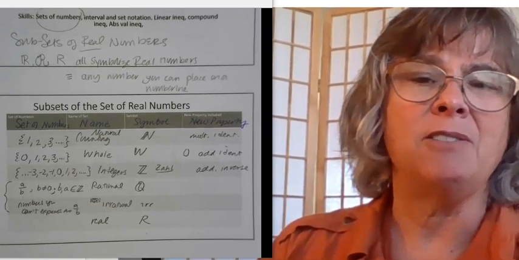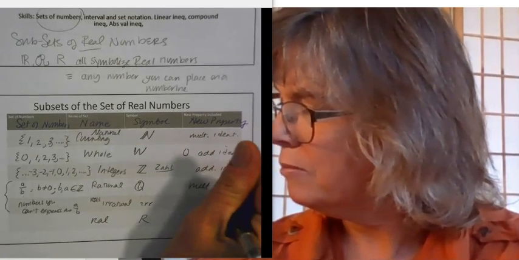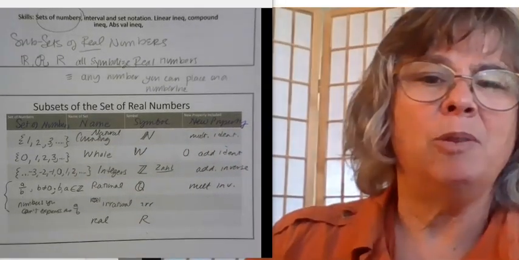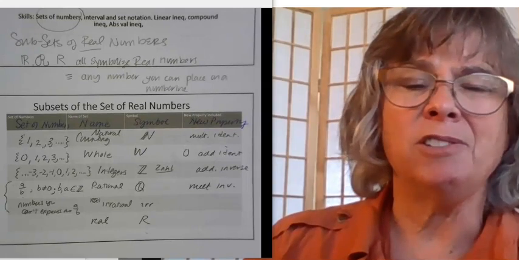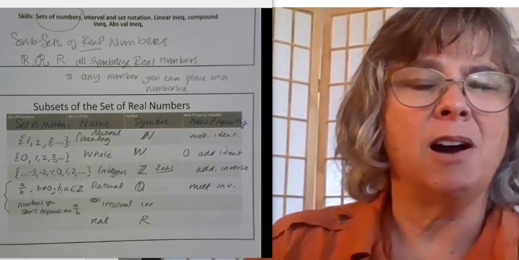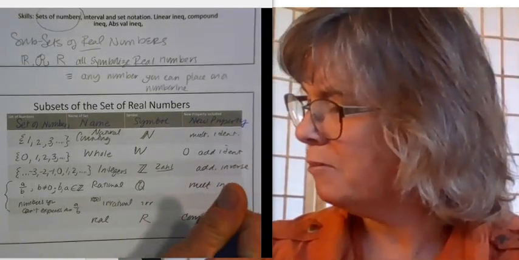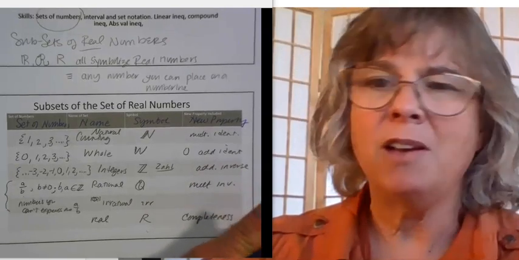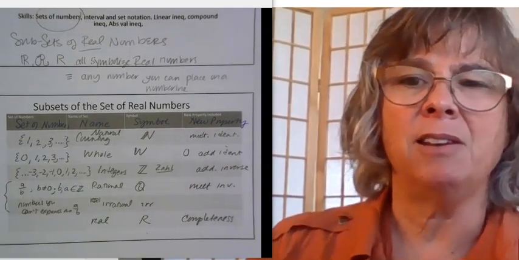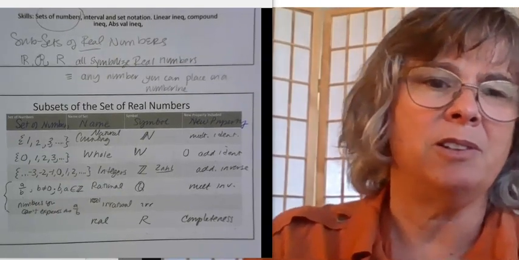I now have a multiplicative inverse. And when I put the irrational and the rational numbers together, I get the set of real numbers. The property we talk about having there is a property of completeness. We have completely filled in the number line. If I combine the rational and irrational, I have every point on the number line.